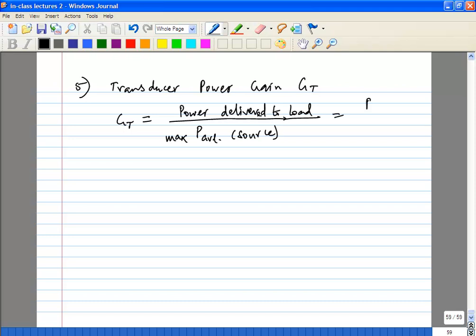So we'll call this P load over P available S. We already know what P available S is, we've calculated this before. Let's assume we are working with peak quantities, so it's V in over root 2, whole squared, over 4 RS.